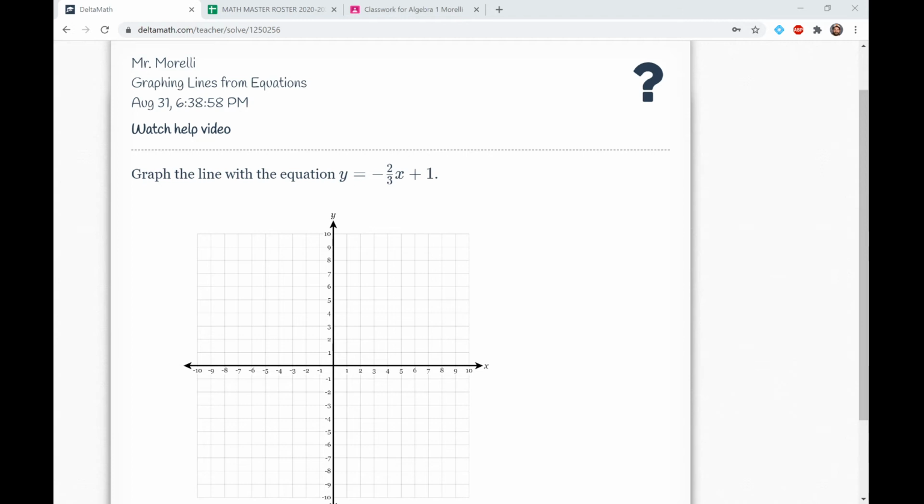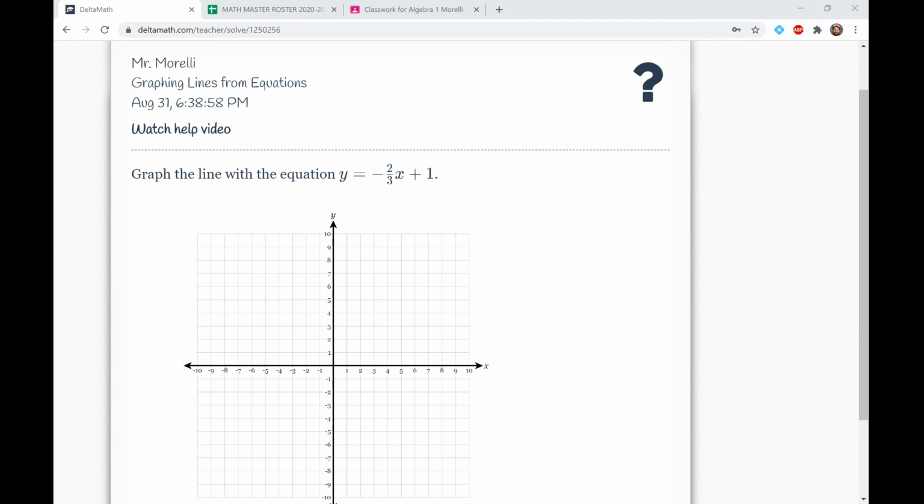So starting from the y-intercept, we're going to go down 2 over 3. And so our next point would be right here. You could do it again, down 2 over 3. Here's another point on that line. Do it again, down 2 over 3. Put another point there. You see the pattern, right?